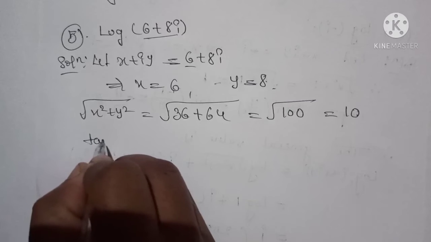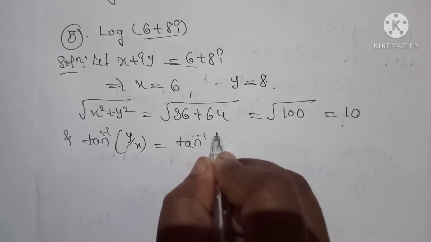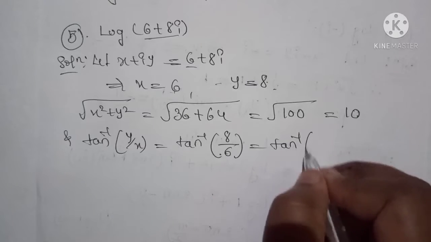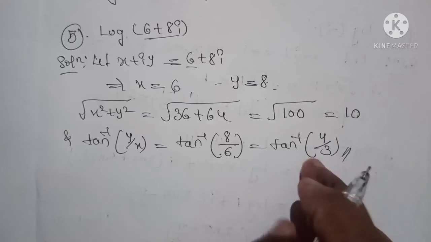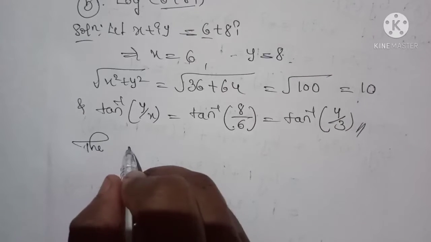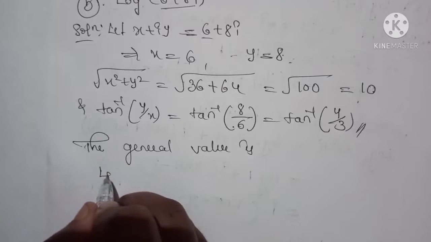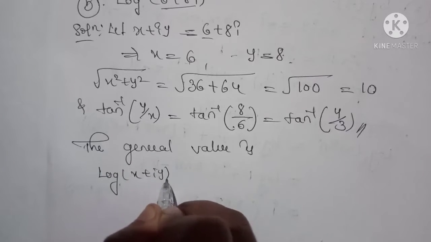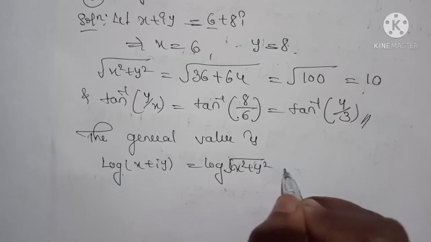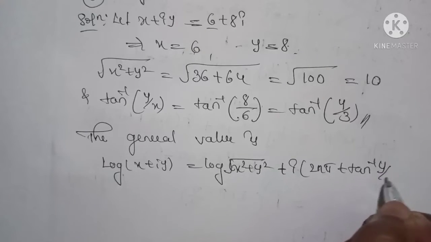And tan inverse of y by x is equal to tan inverse of 8 by 6, which is equal to tan inverse of 4 by 3. We keep this as it is because this is not a standard angle. Substituting into the formula, we get the general value: log of x plus iy is equal to log of square root of x square plus y square plus i into 2n pi plus tan inverse of y by x.